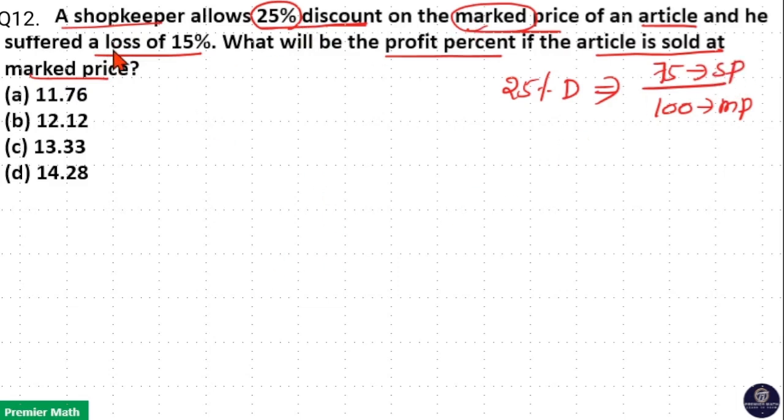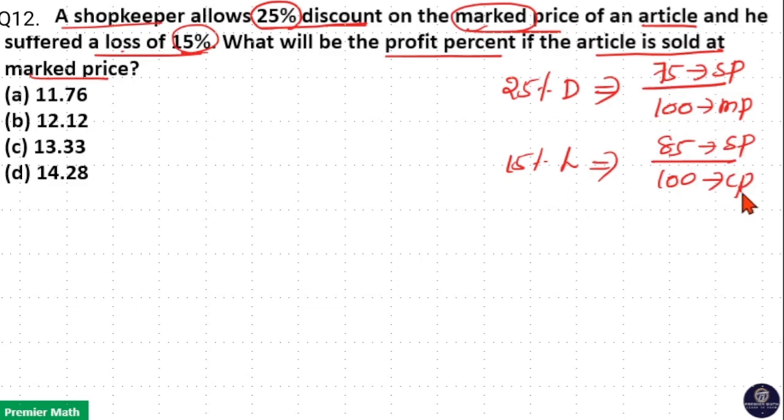And when he do that, he suffered a loss of 15%. So 15% loss means if 100 rupees is the cost price, 100 minus 15, 85 rupees is the selling price.